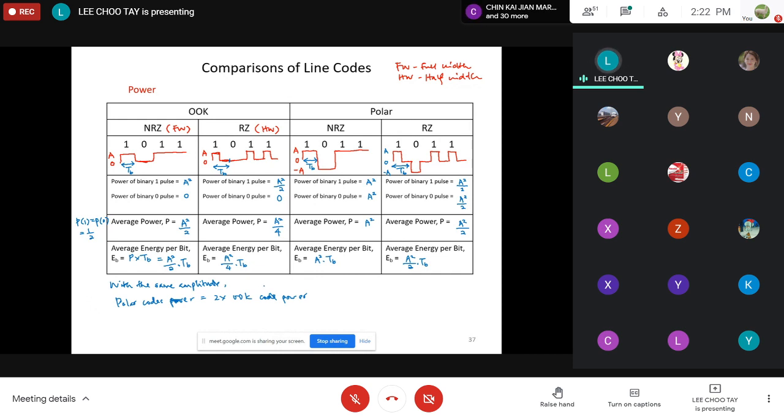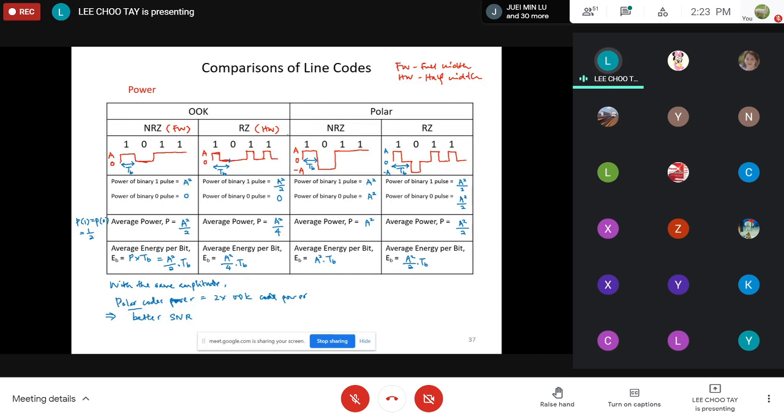So what does 2 times the power mean? That means your polar code is going to give you better SNR, a better signal to noise ratio, given that these two types of coding are sent over the same channel that has the same amount of noise and the same probability distribution of noise.